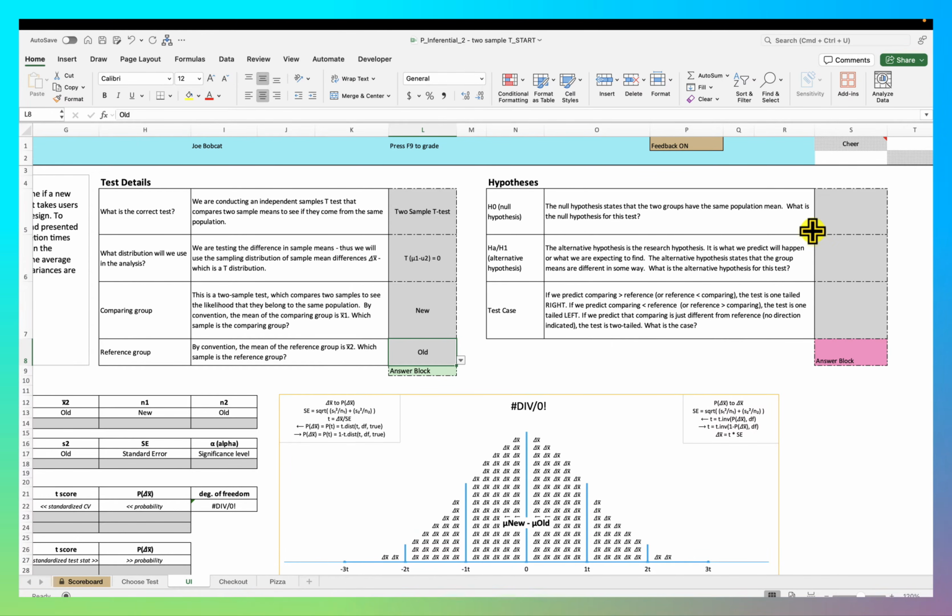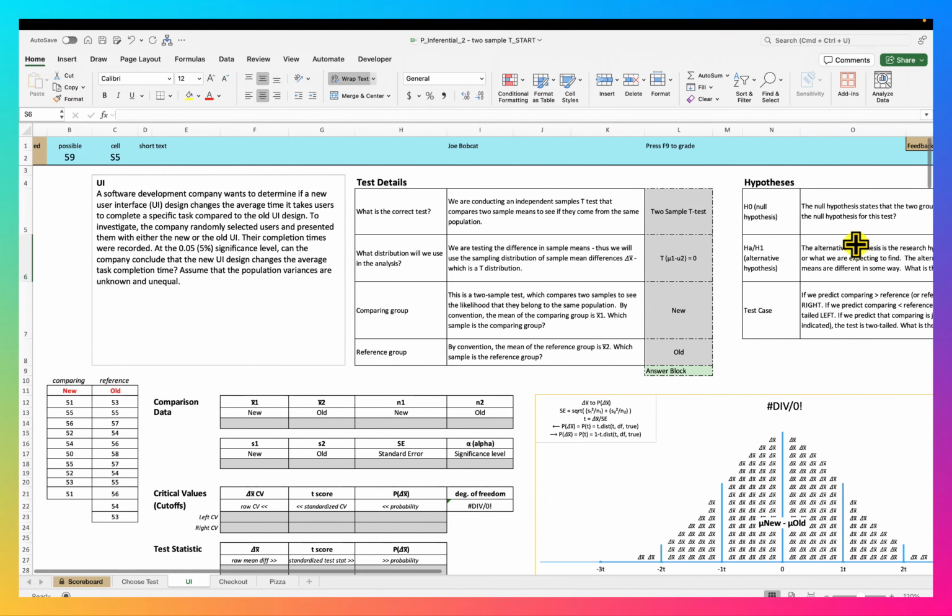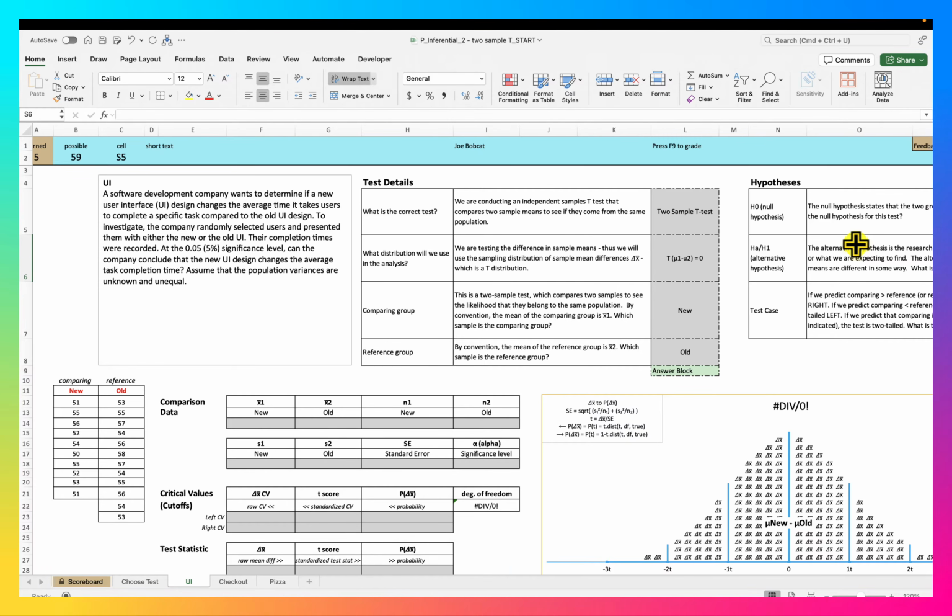The null hypothesis states that the two groups have the same population mean. What is the null hypothesis for this test? Sample means are the same. The alternative is that they are different, but let's see, are we predicting a direction?